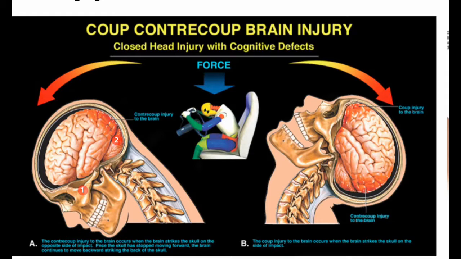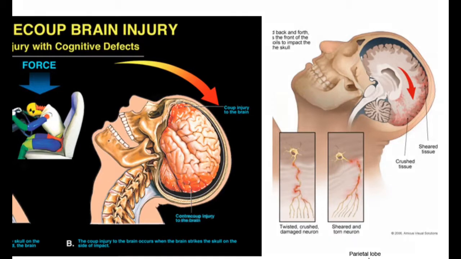The other situation is where an external force makes us move backward while our brain is still at the front, and that's going to cause damage to brain tissues again. So here you can see that it can cause crushed tissue, which is over here, and also sheared tissues, which is really detrimental for our cognition.